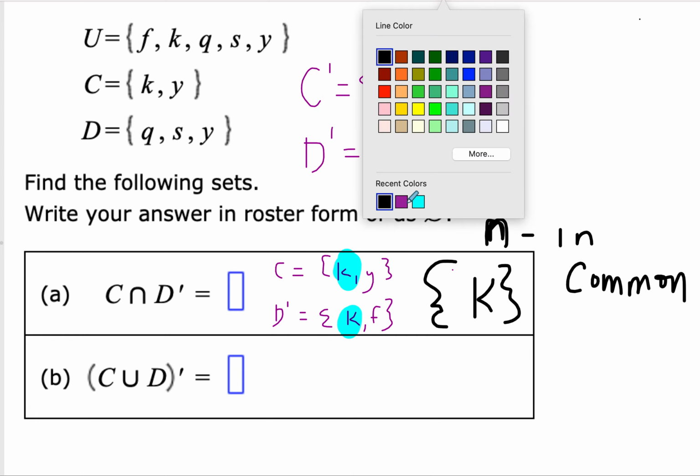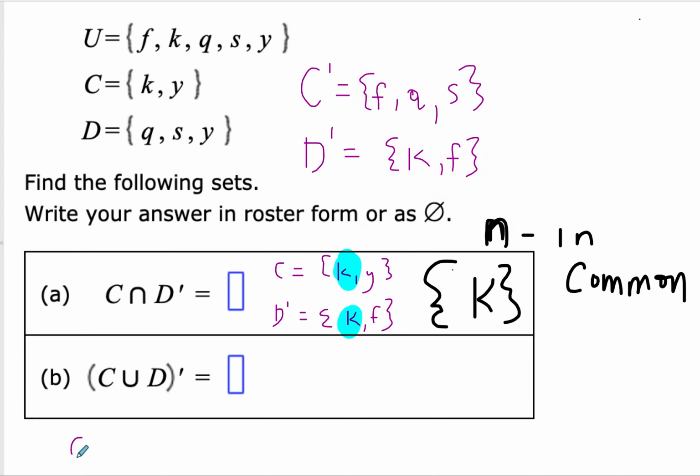Let me color it purple like the others. So C union D. First of all, we need to unite those together and find out what's not in there. So that means write everything down. So we've got K, Y, Q, S, and we don't have to write Y twice. We just write it one time. Now what's not in here?